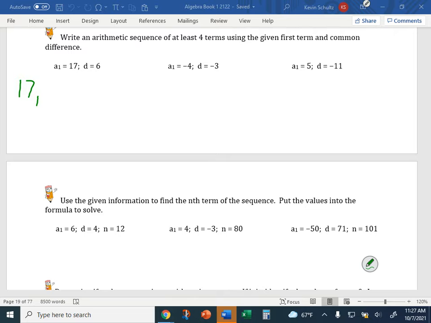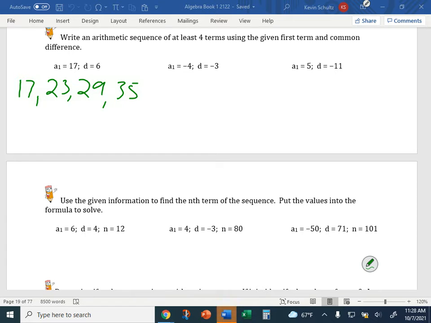That's the common difference, that's the pattern. If the pattern is positive 6 or adding 6, what would come next? 23, right? What would come next? 29. What would come next? 35. Okay, so whatever that D value is, that's just what's happening in the sequence. What are we doing? We're adding 6. D equals 6, right?